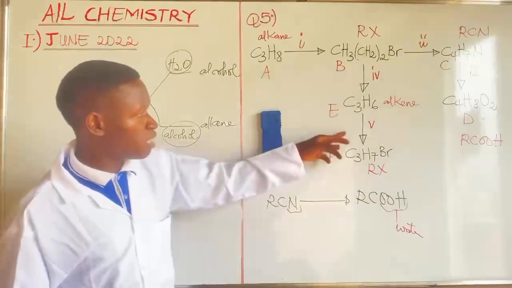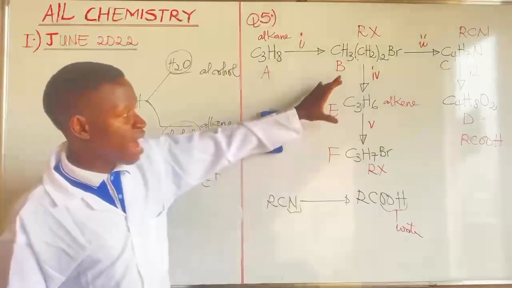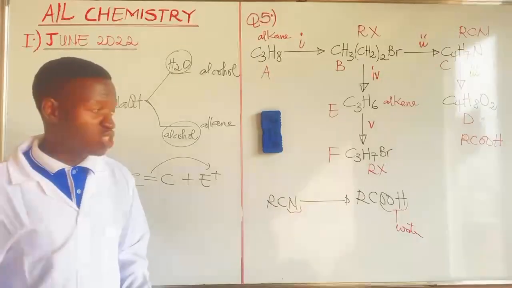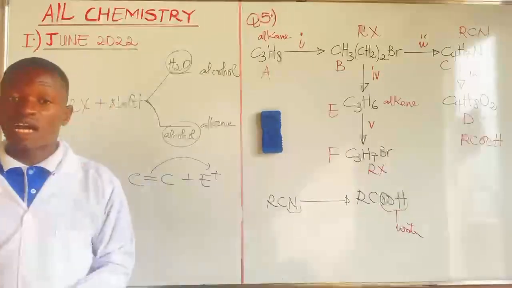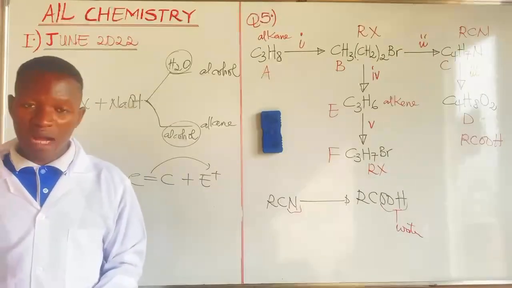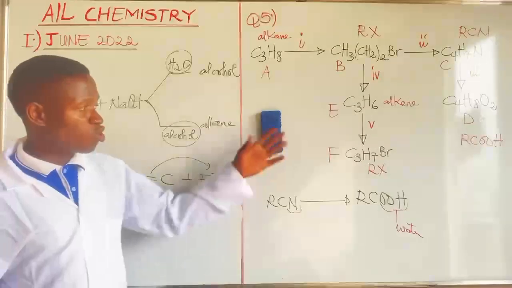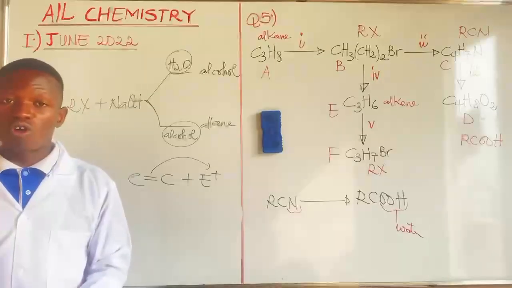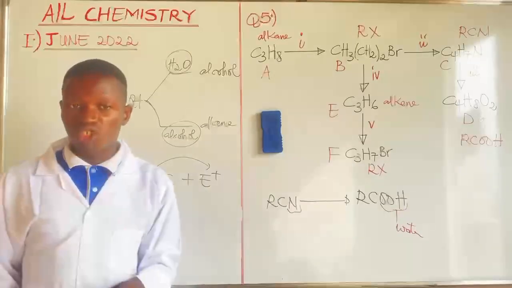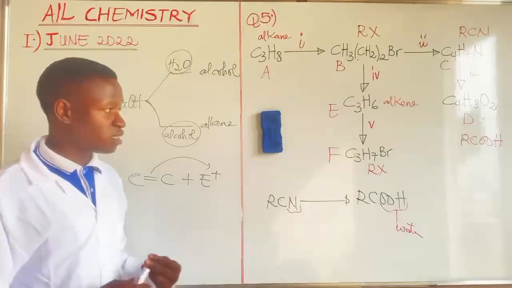So this mechanism is going to follow Markovnikov addition, because the alkene is unsymmetrical and hydrogen bromide is also unsymmetrical. So for Roman 5 we shall have electrophilic addition reaction by Markovnikov's rule. Reagent hydrogen bromide, condition room temperature or 20 degrees Celsius. Take care, all electrophilic additions of alkenes take place at room temperature or 20 degrees Celsius.